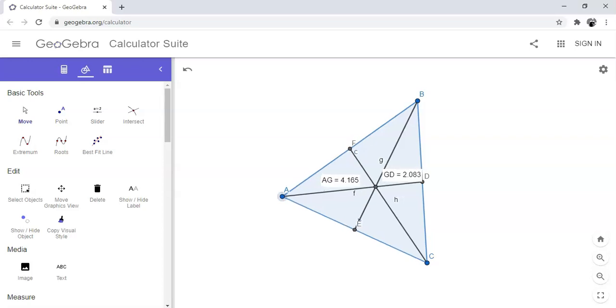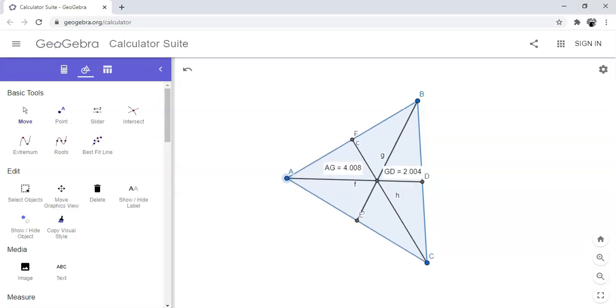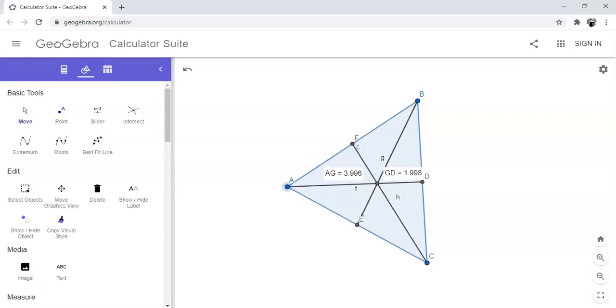Now if I move this a little bit, I'm going to clean this up to make it a little more obvious. So GD is basically 2, AG is basically 4.